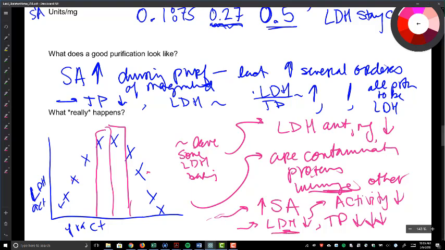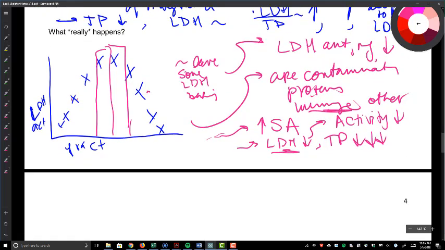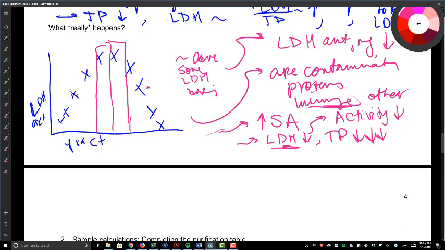However, because of these reasons we talked about, you're going to lose a little bit, and sometimes even a lot, of LDH at each step of the purification. And that's just, again, the struggle between yield and purity, the constant struggle of a biochemist.